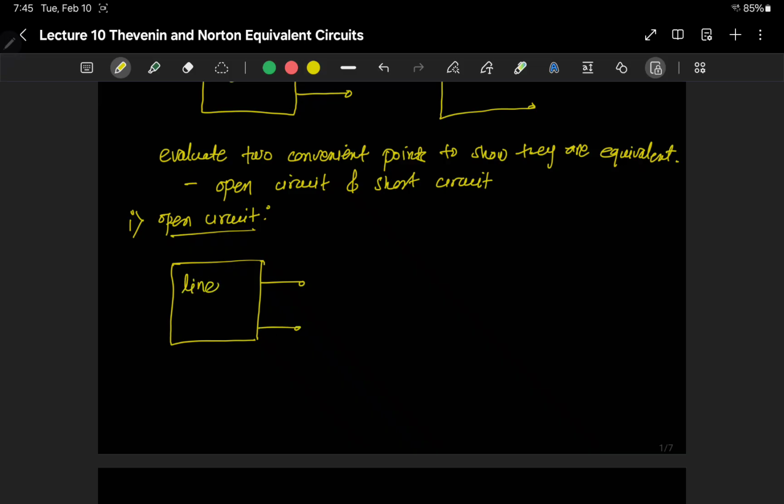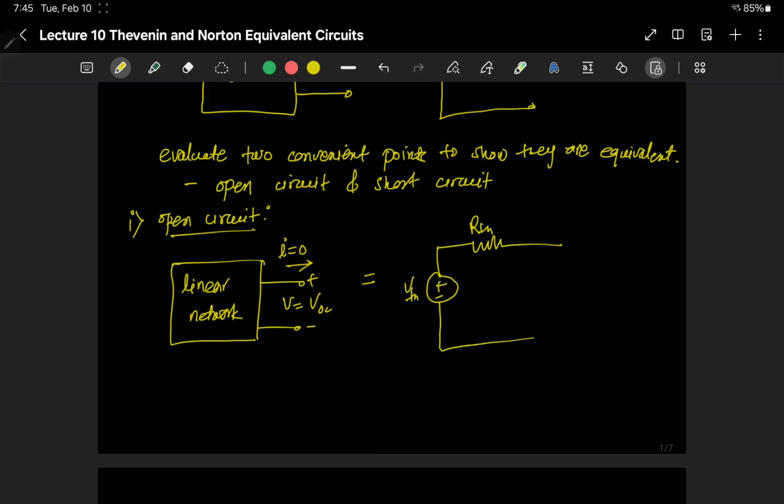So we have a linear network, and since this is the open circuit, the voltage can be written as V equals VOC, the open circuit voltage, and since this is open circuit, the current is 0. Whenever we mean open circuit, we mean there is infinite resistance, and in terms of current and voltage, it means the current is equal to 0. And this is equivalent to the Thevenin voltage, VTH.